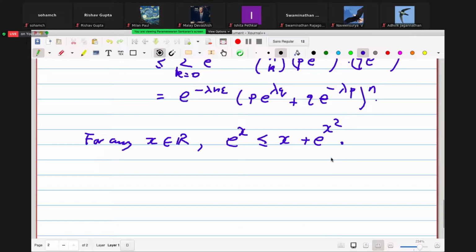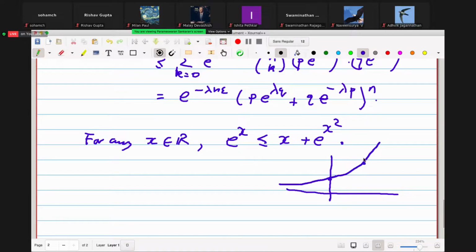Yeah, so it is good to know when these are agreeing. Okay. So you see, e power x and e power x square, they both agree when x equals 0 and 1. And one of the curves goes like this.